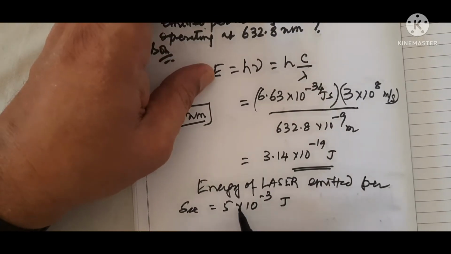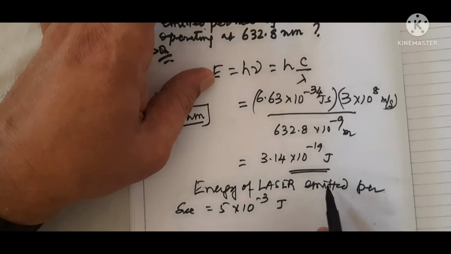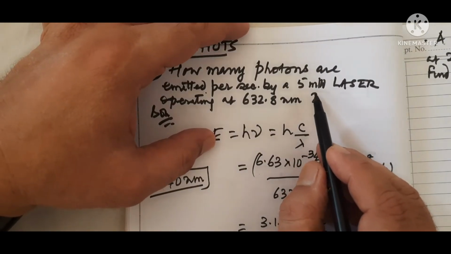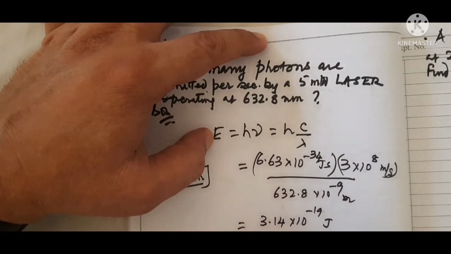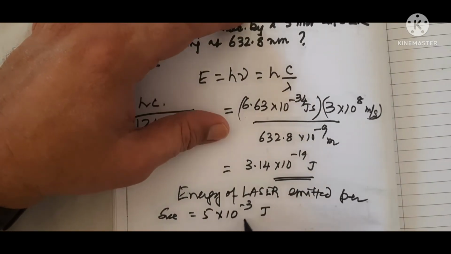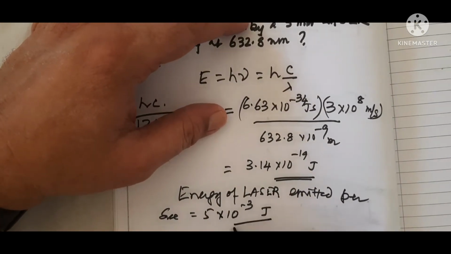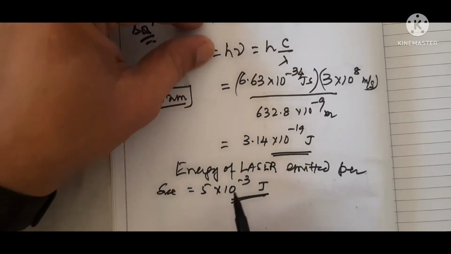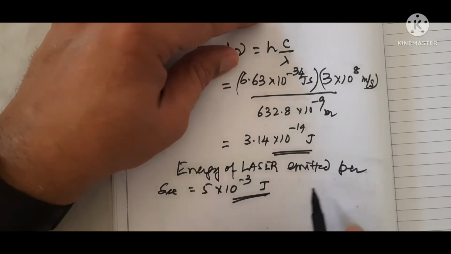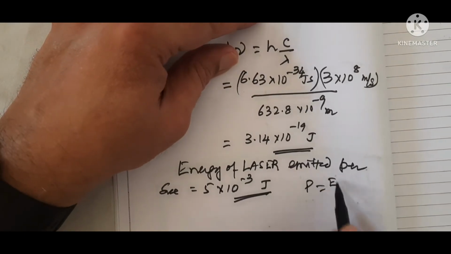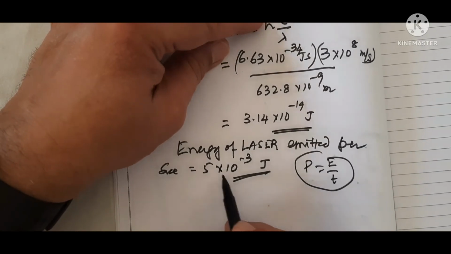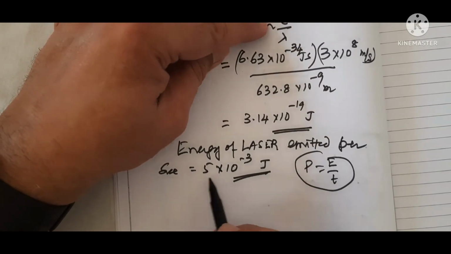How does it come? Energy per second, that's the power. It is given in milliwatt, 5 milliwatt laser. So here 10 to the power minus 3 joule. So that we can easily find out with the help of this. We can write power is energy by time. So we can write energy emitted per second is this much.